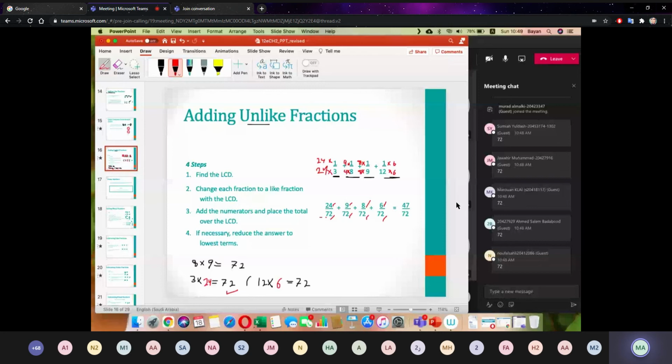So we have the least common denominator here, 72. What should we do? We add just the numerators here. So 24 plus 9 plus 8 plus 6 will give you 47 over 72. Clear?